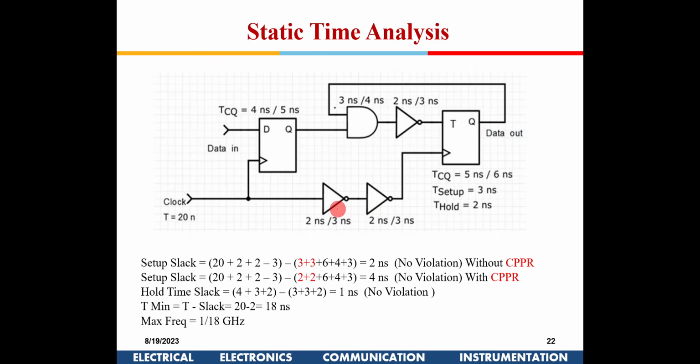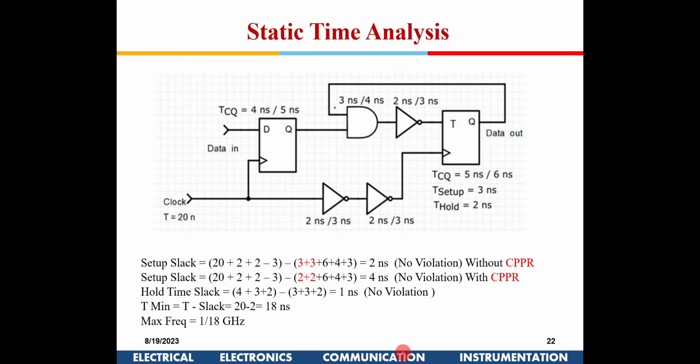So first, without taking CPPR, even though it is in the common path, here I have taken 3 plus 3, and here 2 plus 2, for the clock path. Now it is taken as 3 plus 3, and now the 2 plus 2 is taken here, 2 plus 2 here. So that is the adjustment which has been done. Is it okay?